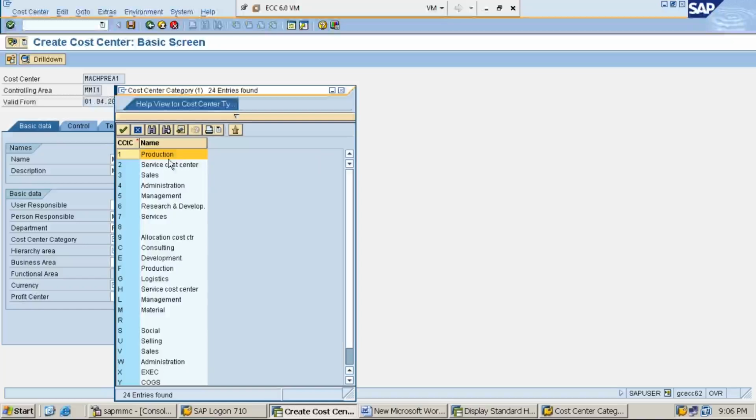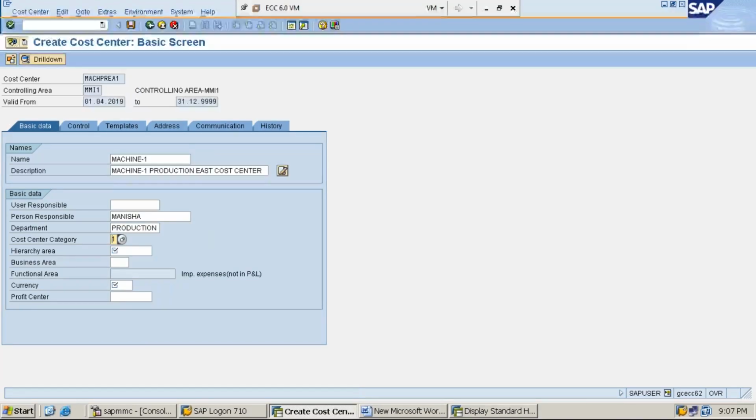You can see various categories like production, service, sales, administration, management, research and development, different types of cost center categories. Okay, so give production, that is one cost center category.